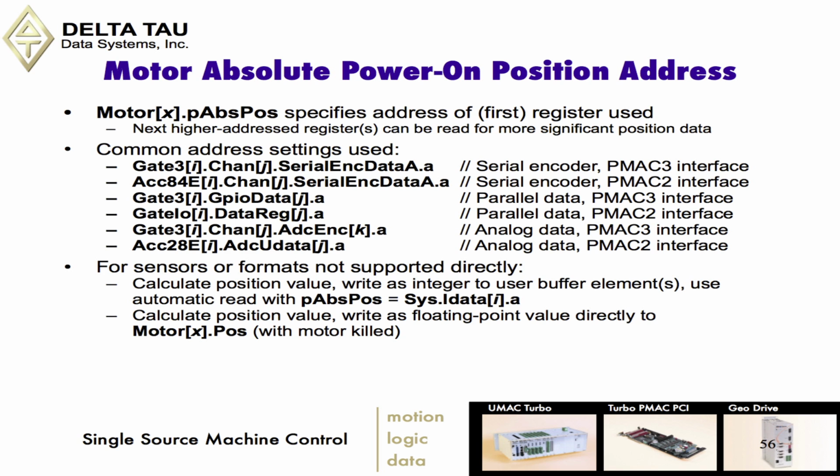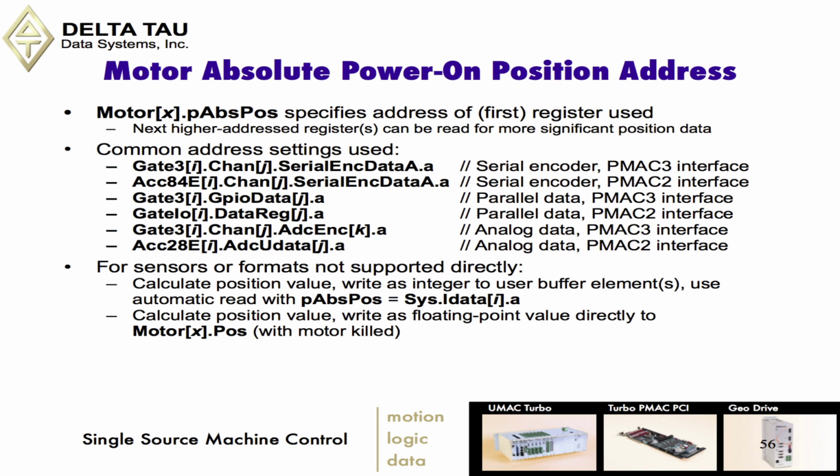So pAbsPos specifies the address of the first register used. Depending on the type of encoder that we're using, it could be a serial encoder. It might be an absolute serial encoder, an absolute BiSS encoder, or an absolute SSI encoder. We could be reading parallel data from one of the PMAC 3 interfaces, so that would be a GPIO data register that we would be looking at.